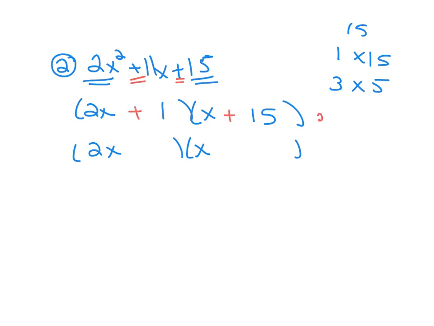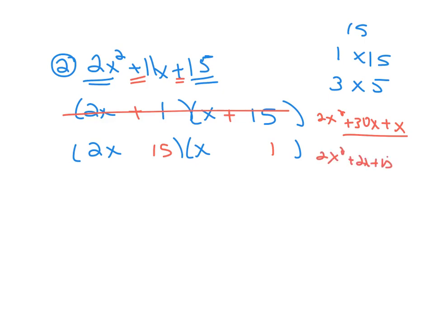Try 1, guess it. 2x squared, outer, plus 30x plus x, and stop right there. You already know, too high. If you have yours, which I think I might have an eraser on here somewhere, okay, you can go back through. So now I can switch 15, 1. 2x squared plus 2x plus 15x.